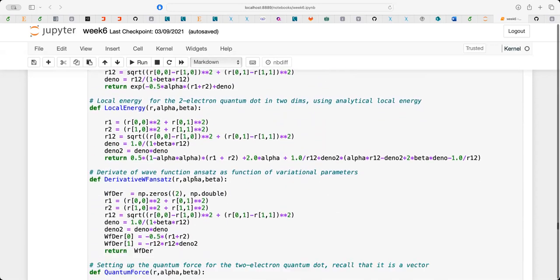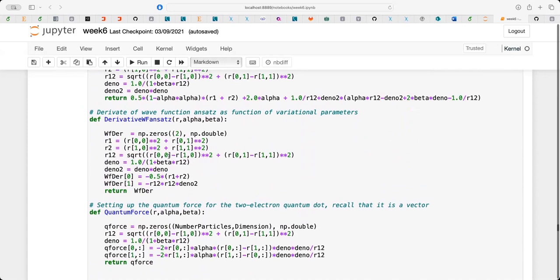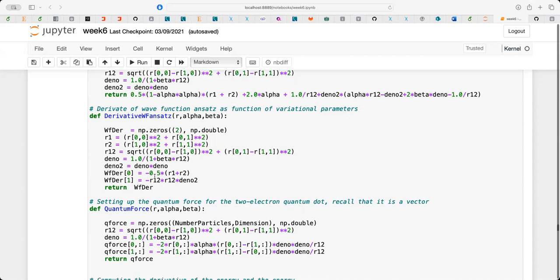Since we normally have analytical expressions for these wave functions, we can often find an analytical expression for the derivatives. If not, we would use automatic differentiation with either Autograd or JAX if you're dealing with a Python implementation, or you can use autodiff with C++. But in this case, we have the analytical derivatives.